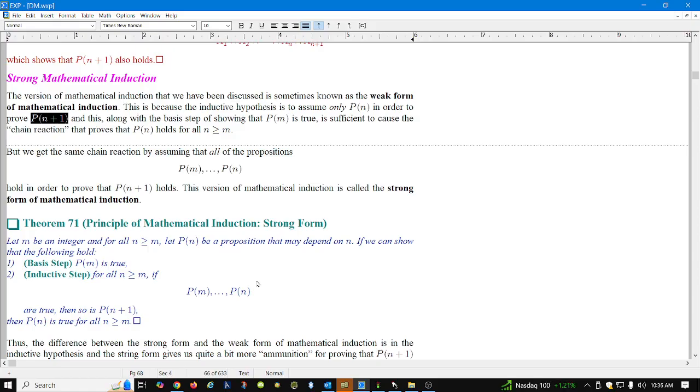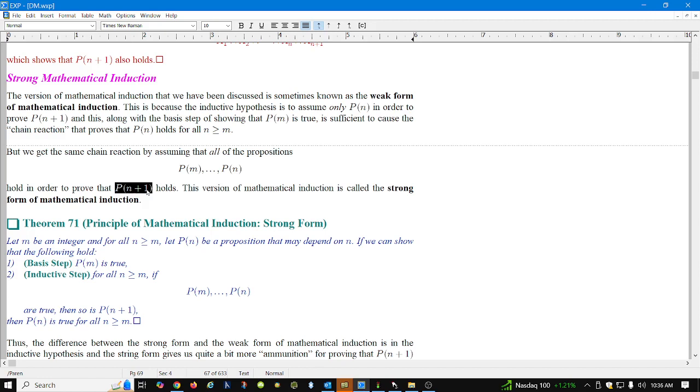But we get the same chain reaction if, instead of just assuming P of n, we assume, if the induction starts at m, P of m through P of n, in order to prove P of n plus 1.